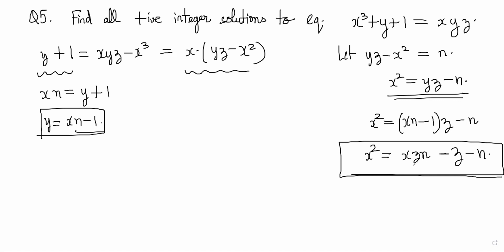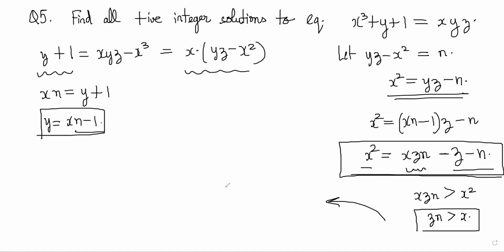But what we know for sure here is that since x squared is equal to xzn minus this, xzn is greater than x squared. That means zn is greater than x, right? So therefore, zn can be written as x plus k.